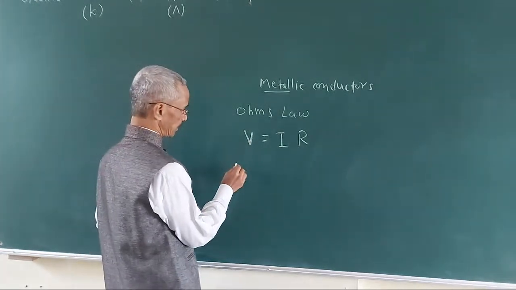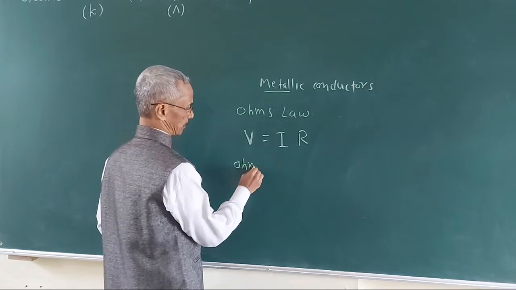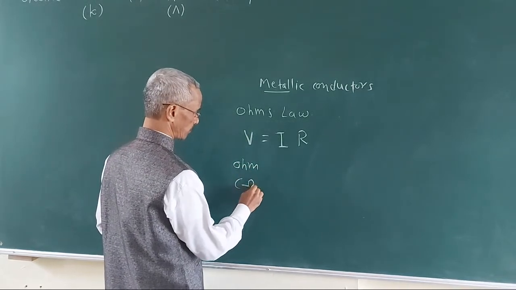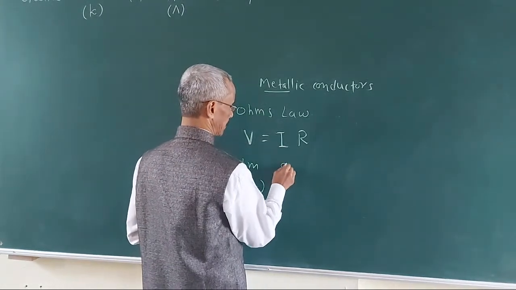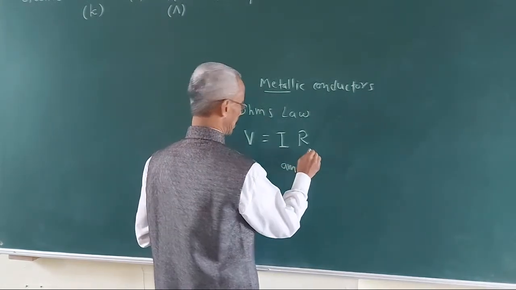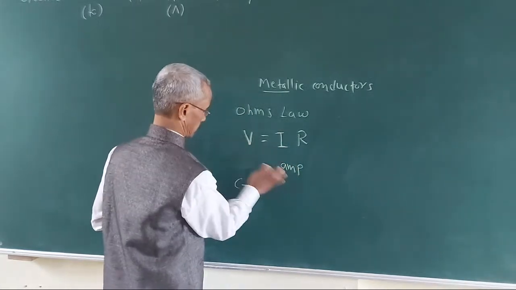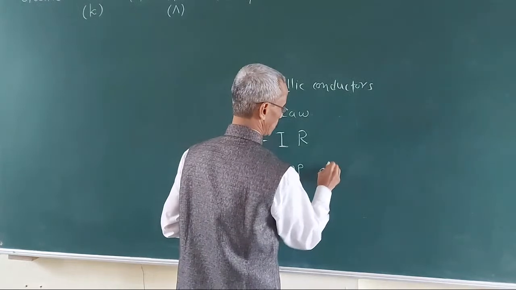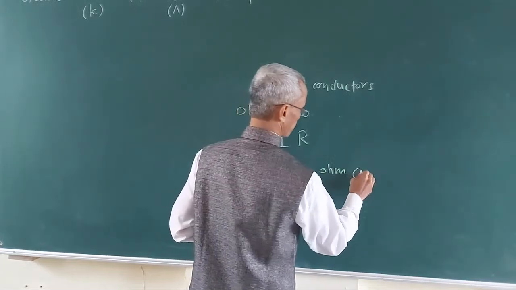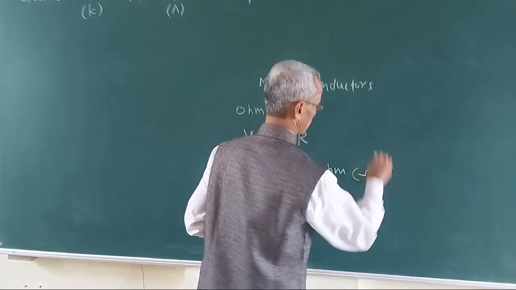The resistance is in ohm, the current is in ampere, and the voltage is in volt.